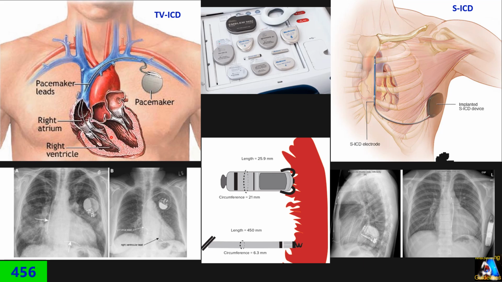When we are scanning patients, especially those we suspect of complications of ICD or pacemaker implantation, after implantation or a few weeks after, we have to find exactly where the tip of the wire or electrode is implanted.